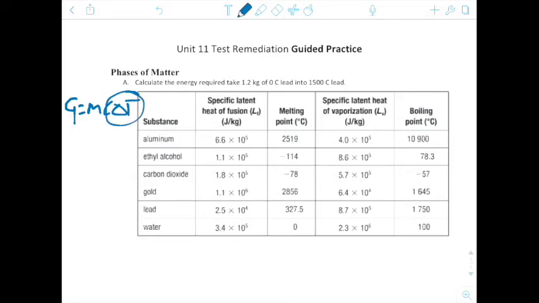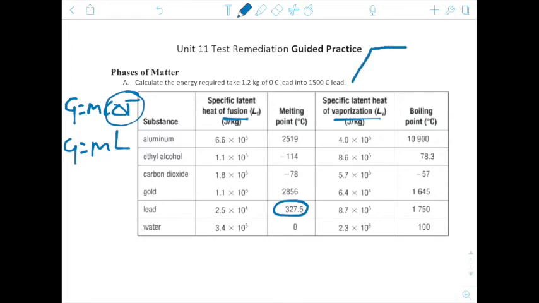And temperature is going to change here. And we're also going to use Q equals mL, which is our mass times our latent heat of either fusion or vaporization. Because what our graph is going to do is our lead is going to start off at 0 degrees, and then our lead is going to go up to 327.5, and then it's going to plateau out.